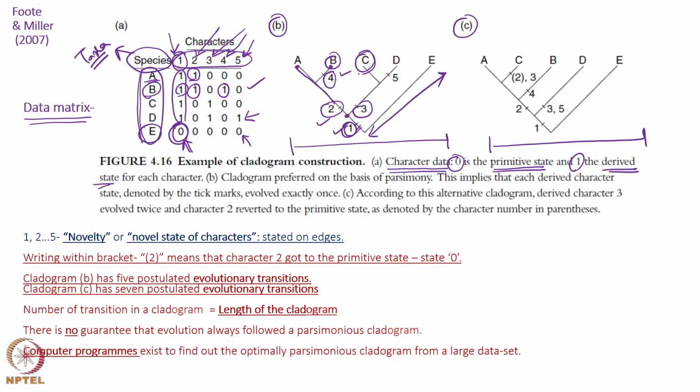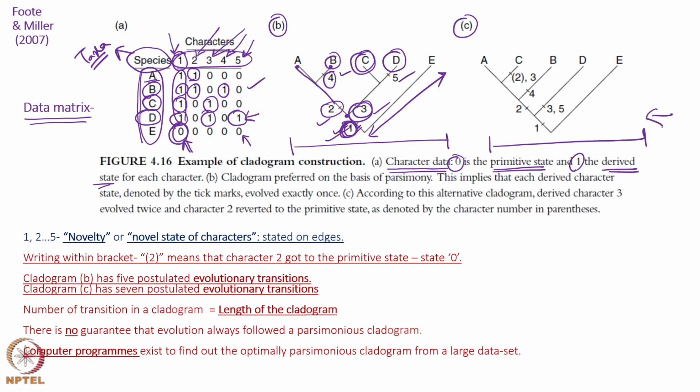In case of species C, characters 1 and 3 are present. In case of species D, characters 1, 3 and 5 are present.